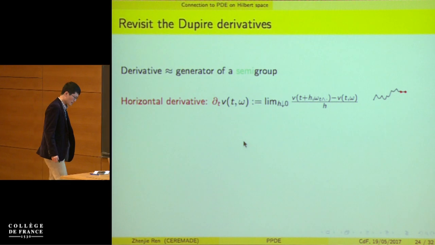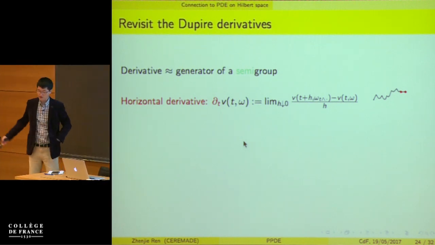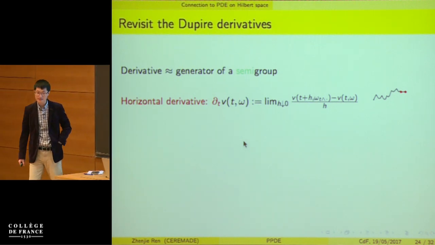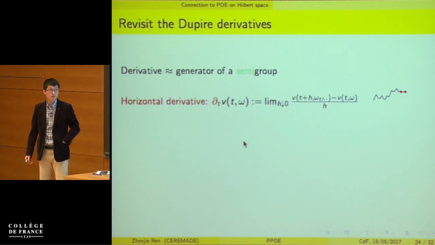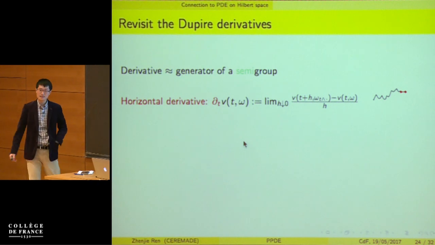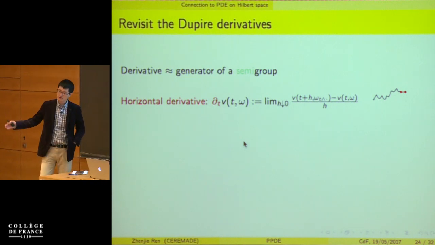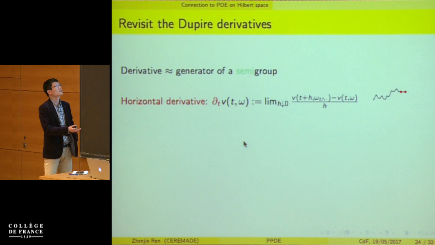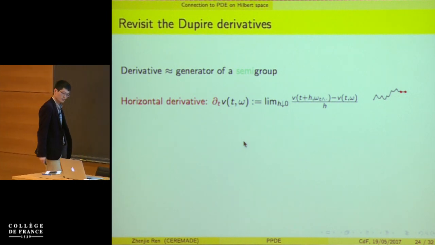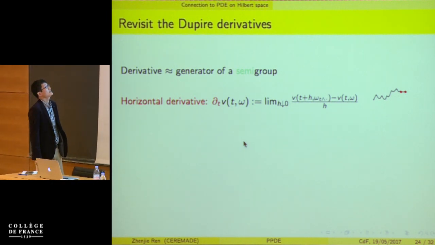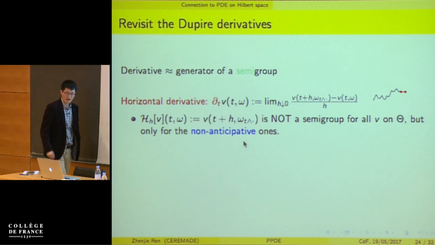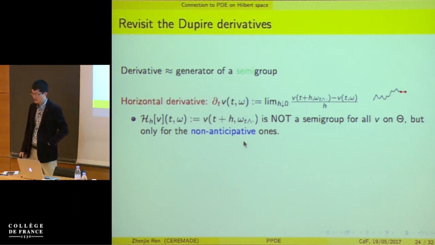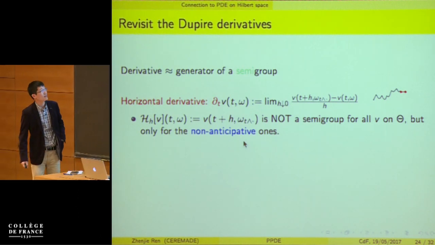Let's think about what the definition of derivative is. Intuitively, derivative is the generator of the translation group. If we only think about the derivative on the right-hand side, it is the generator of a semigroup. The horizontal derivative is defined in such a fashion, and of course we can find the corresponding semigroup defined in such a way.